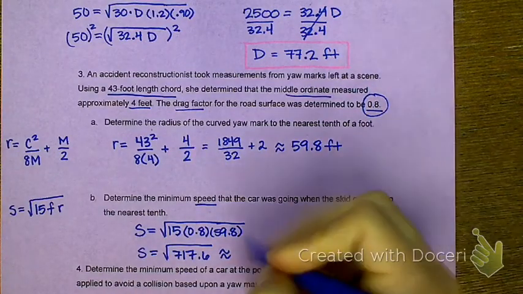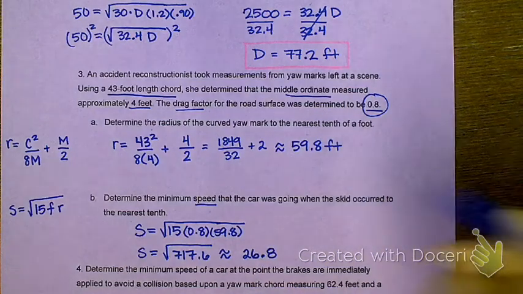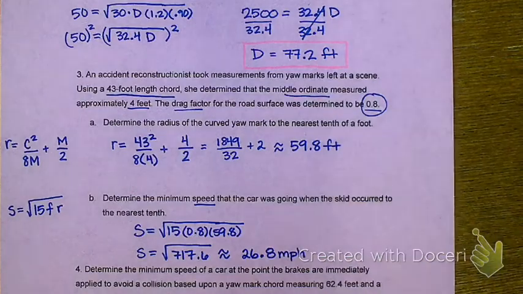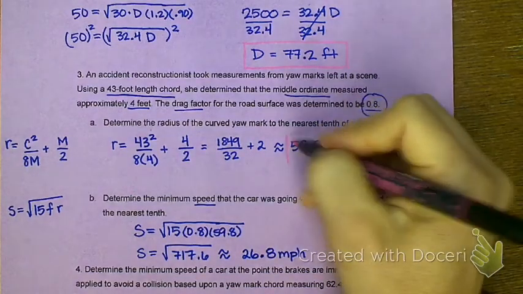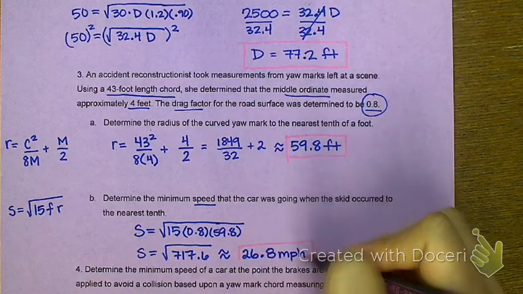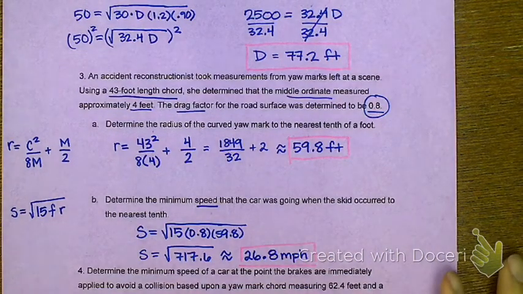After I take that root and do my rounding, it's about 26.8, and this is our speed, so it's going to be in miles per hour. So you have here your radius, and then here you have your speed. All right, let's go ahead to the last one.